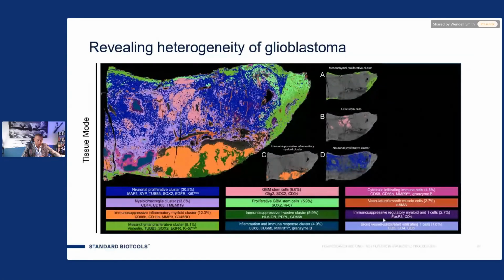If you're an immunologist, then you probably know that FOXP3, whether you're looking at blood or tissue, usually falls in a ratio somewhere of 1 to 3%. Here we're seeing 2.7% of FOXP3. So our regulatory T cells, in this case, are found in the region at the expected percentage in tissue mode. So we're not losing any information. I really want to make sure I've stressed that to you.